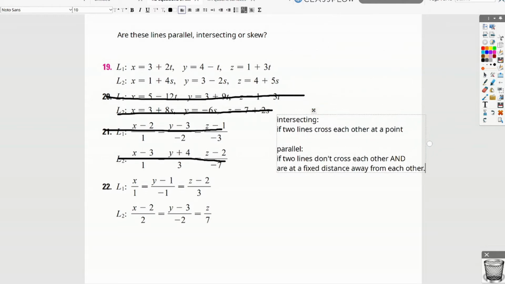And skew is if 2 lines don't cross each other, but they are not a fixed distance away from each other at every point.